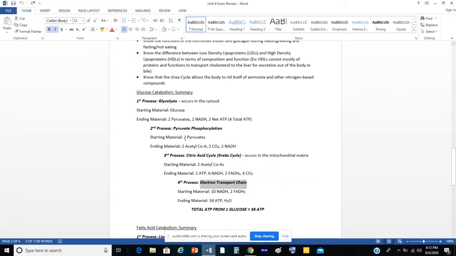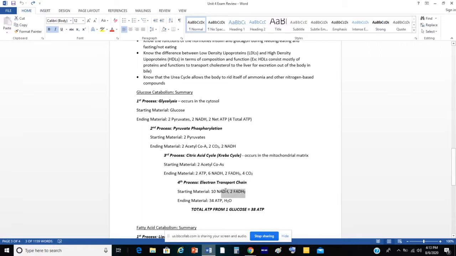So we're going to take all your electron carriers from all the previous reactions. We have 2 NADHs from glycolysis plus 2 NADHs from pyruvate phosphorylation and 6 NADHs from the citric acid cycle. So that's where we got the 10. And then we have our 2 FADH2s from the citric acid cycle.